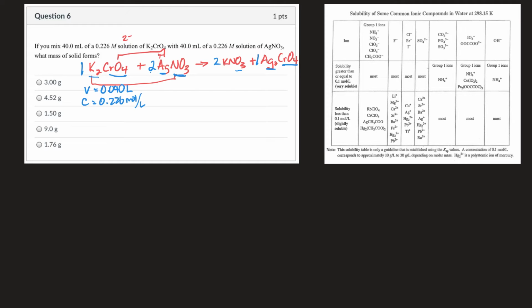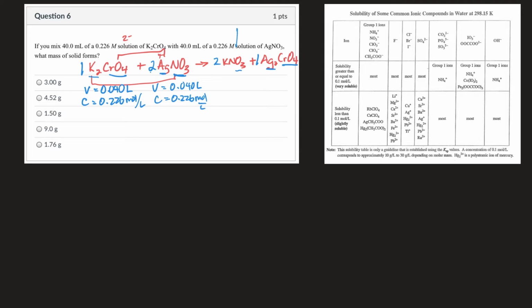And then they say they mix that with 40.0, let's do liters, 0.040 liters, and the concentration is exactly the same, 0.226 moles per liter. They're giving me too much information. So this must be a limiting reagent question. And then they ask what mass of solid forms.